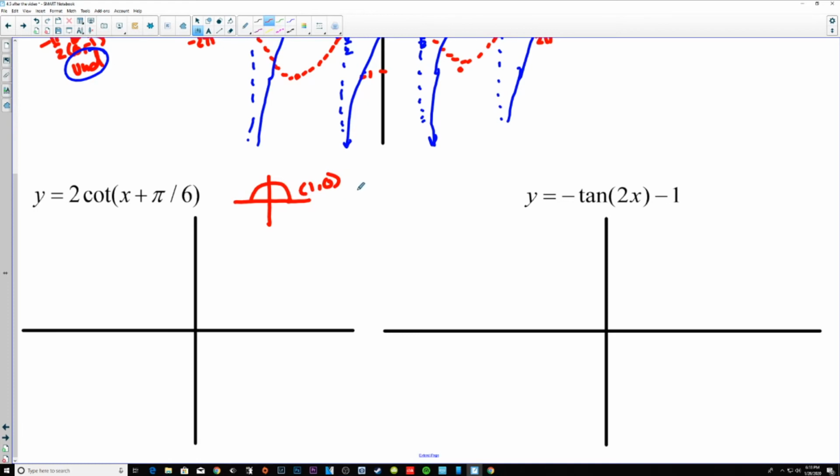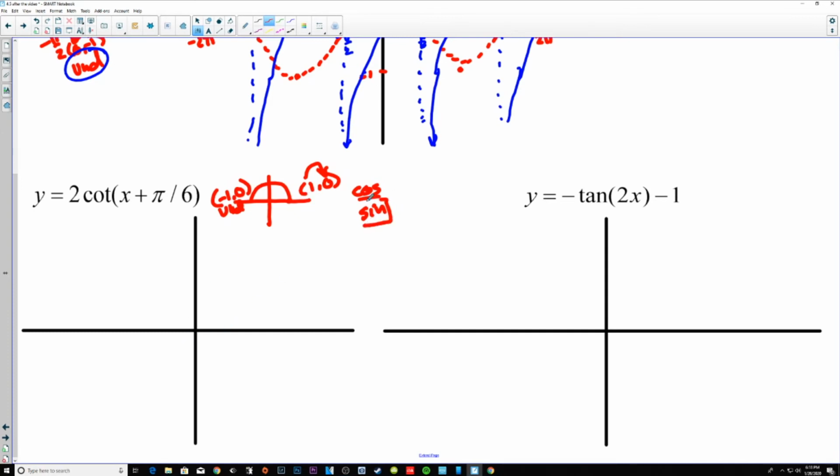Now, cotangent is cosine over sine, and so cotangent starts out right away as undefined, or has a vertical asymptote, and then over at pi, we have negative 1, 0, so cotangent's undefined at 0 and pi.